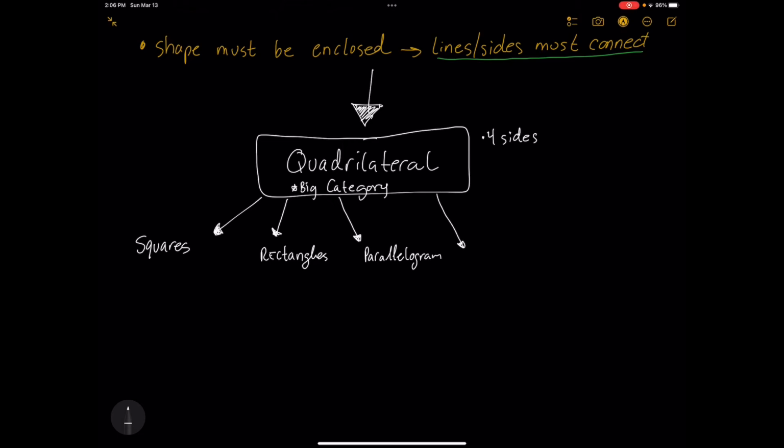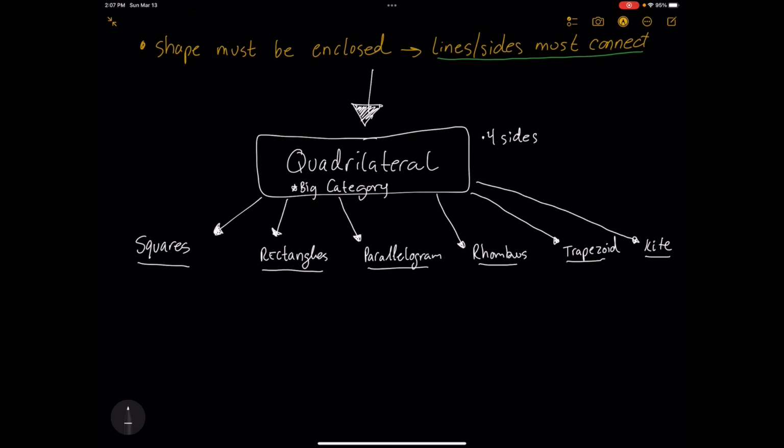There are ones called a rhombus, and there are ones called a trapezoid. And then finally, the last one right here is called a kite. There are 1, 2, 3, 4, 5, 6 different shapes that are all considered quadrilaterals.